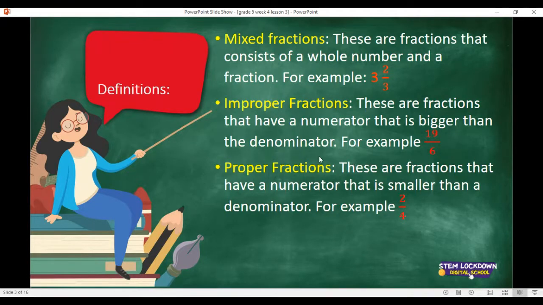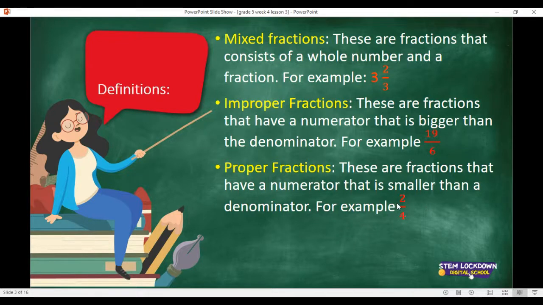And then the last fraction that we have is proper fractions. These are our normal everyday fractions. These are your halves, your 2/4, your 1/3, your 1/10. Those are the proper fractions. These fractions have a numerator that is smaller than the denominator.